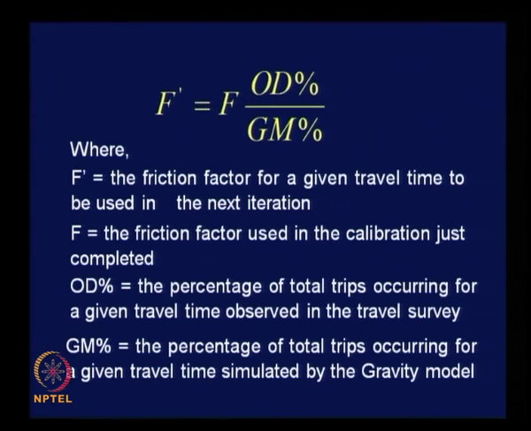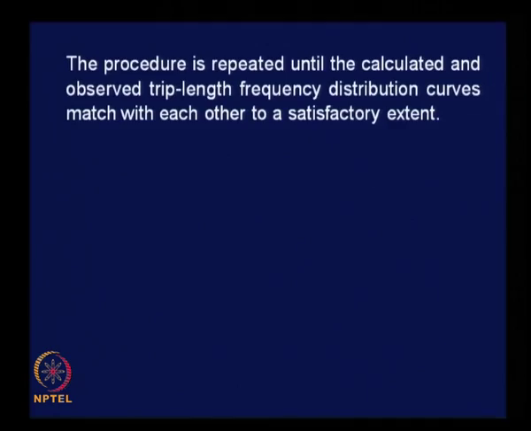Clear? So, get a new friction factor value and apply that, okay, for the second iteration and continue the process. The procedure is repeated until the calculated and observed trip length frequency distribution curves match with each other to a satisfactory extent, right.